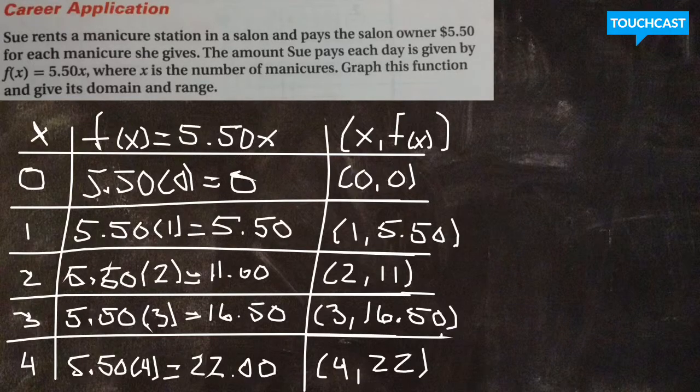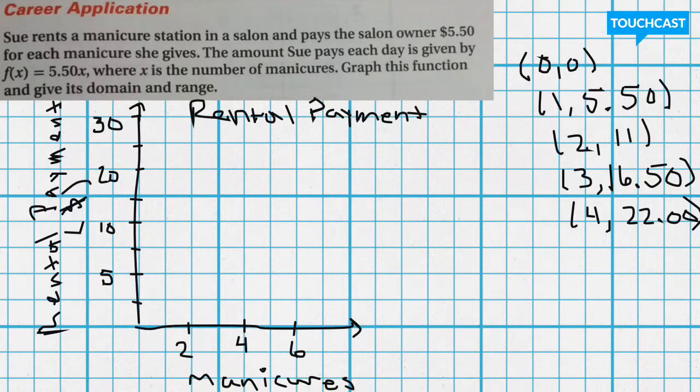Alright, now we're going to graph this. So let's graph those ordered pairs. We have 1 point at our origin. We've got 1 point when we have 1 customer. We pay $5.50, so we need to go just a little bit above that 5 mark. 2, 11, so we go over to 2 and we go just a little bit above the 10 mark. 3, 16.50, so we go over to 3, up to 15 and a little bit above to get the 16.50.